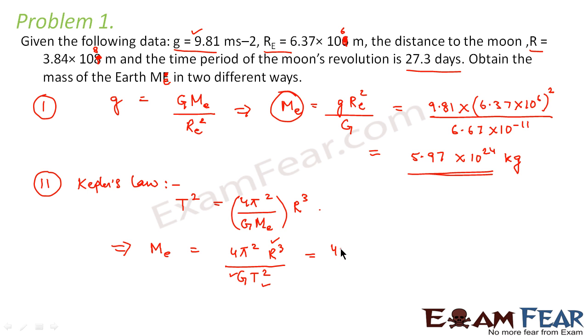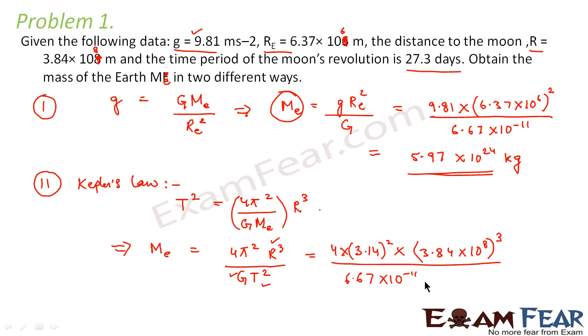That is 4 into pi, which is 3.14, into r, which is nothing but 3.84 into 10 to the power 8 whole cube, divided by G, which is 6.67 into 10 to the power minus 11.